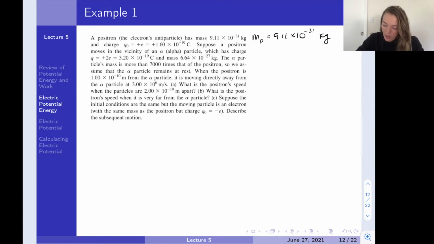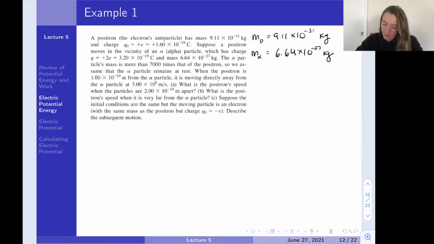Suppose a positron moves in the vicinity of an alpha particle, which has charge twice that of the fundamental unit of charge, so 3.2 times 10 to the negative 19 coulombs, and a mass of 6.64 times 10 to the negative 27 kilograms.